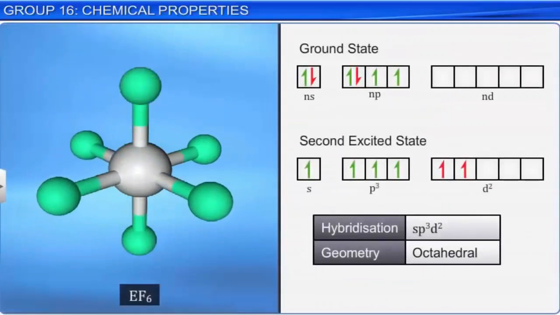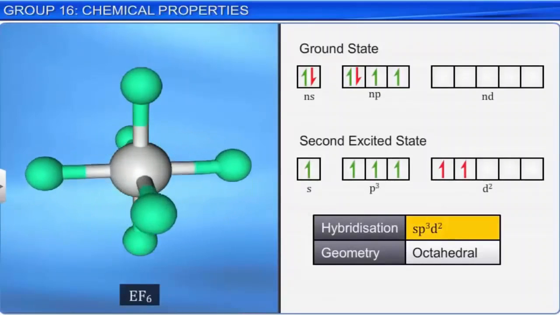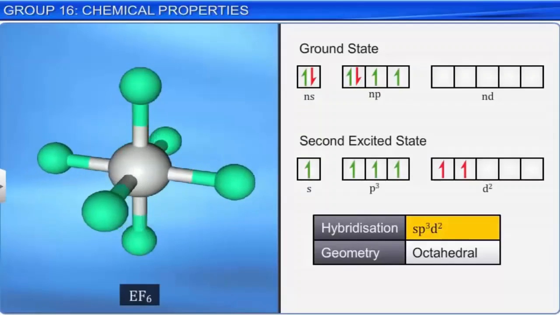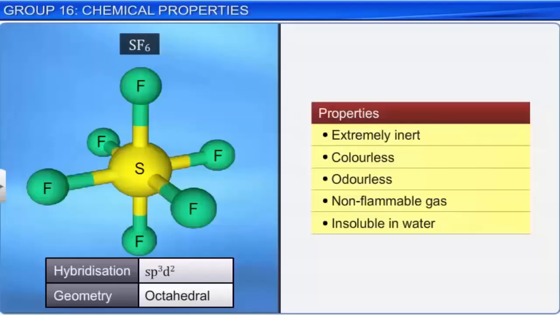They undergo sp3d2 hybridization and hence have octahedral geometry. Sulfur hexafluoride is an extremely inert, colorless, odorless, and non-flammable gas and is insoluble in water.